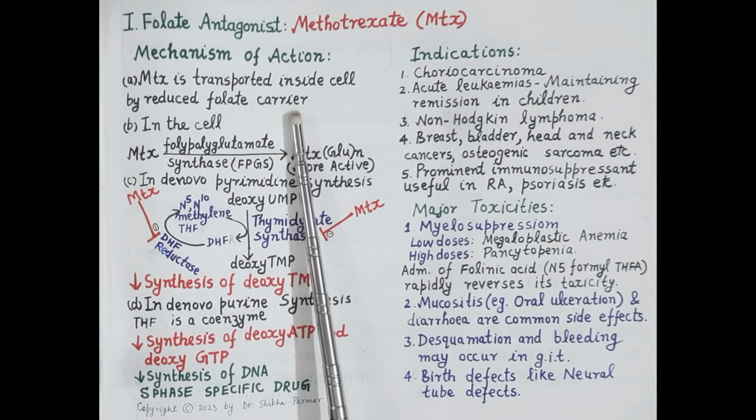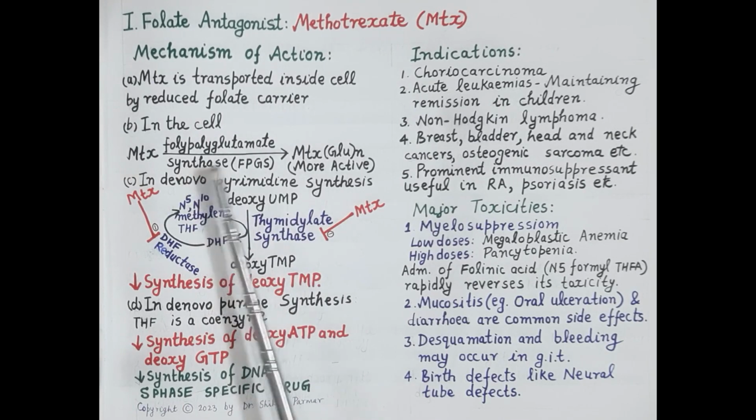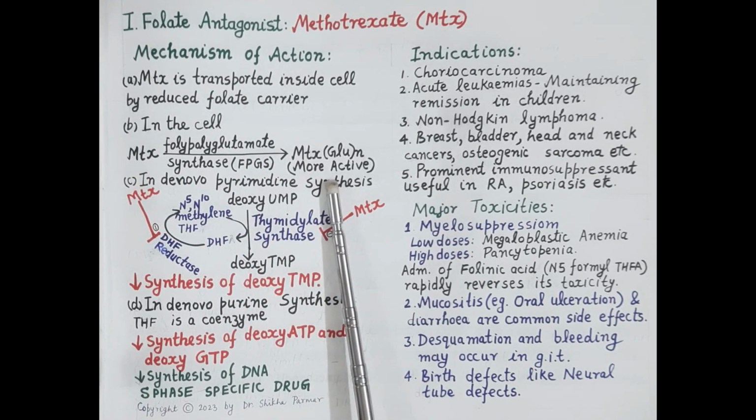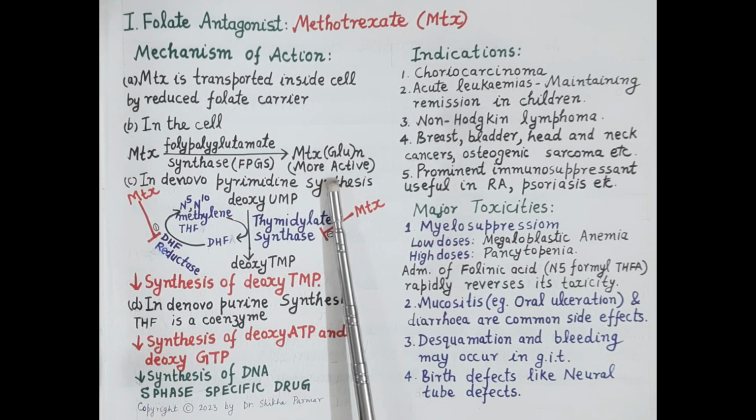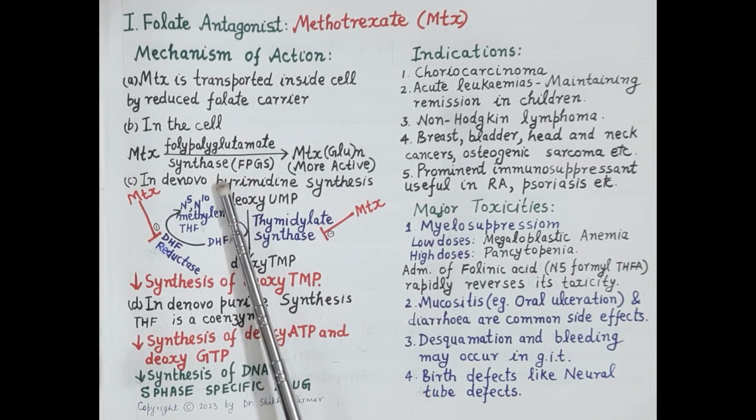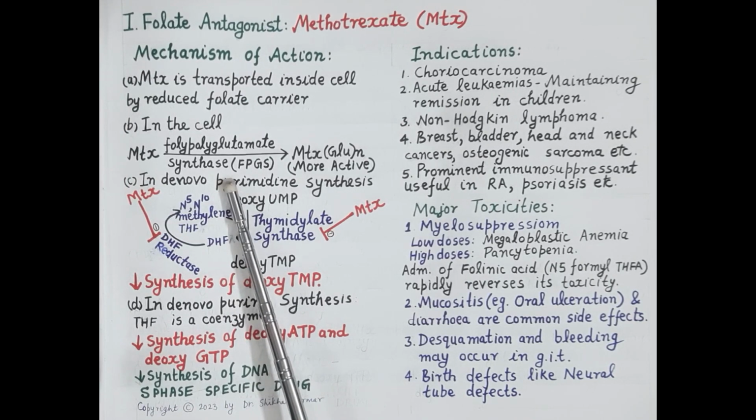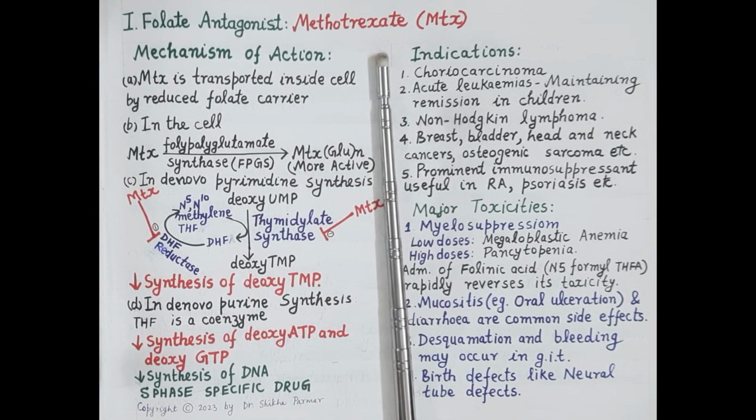Now once inside the cell, it is transformed to a more active methotrexate polyglutamate form by the enzyme polyglutamate synthase. Now as we know that for the DNA replication, nucleotides are very essential. Now methotrexate inhibits the enzymes required for the synthesis of purine and pyrimidine nucleotides.